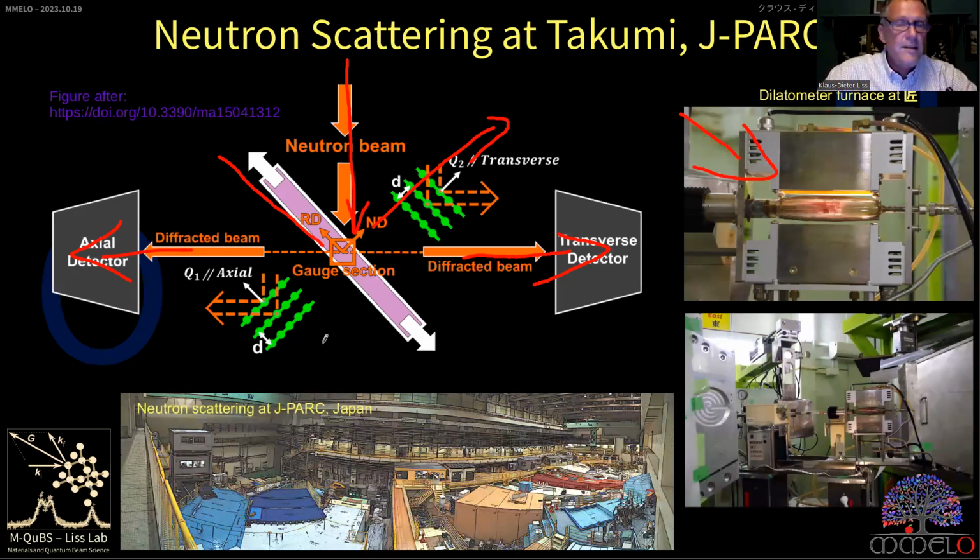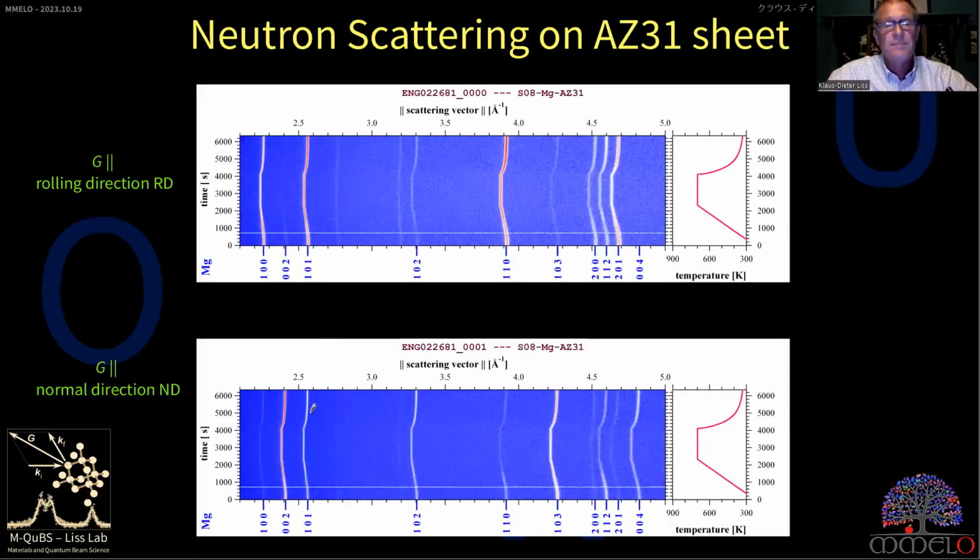This leads to those diffractograms here, namely with the scattering vector parallel to the rolling direction and the scattering vector parallel to the normal direction. And we see the typical fingerprints of magnesium HCP material. We see here the reflections as indexed at the bottom.